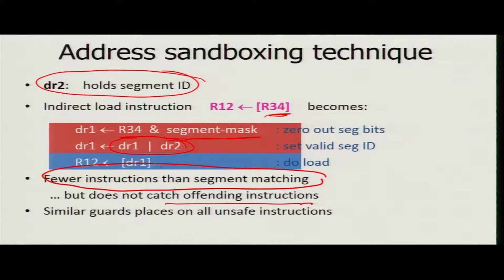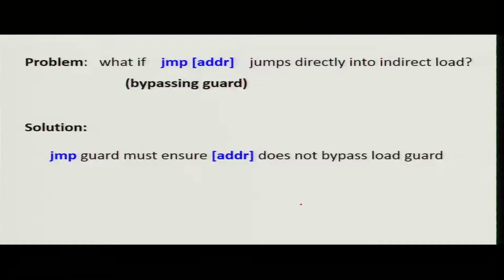Now, the other thing is that you have to automate the insertion of these guards, and depending on how good your tool is, you might miss some unsafe instructions, and then your tool will not be so effective. The other question is, suppose you have a jump to an address, and it jumps directly into an indirect load.